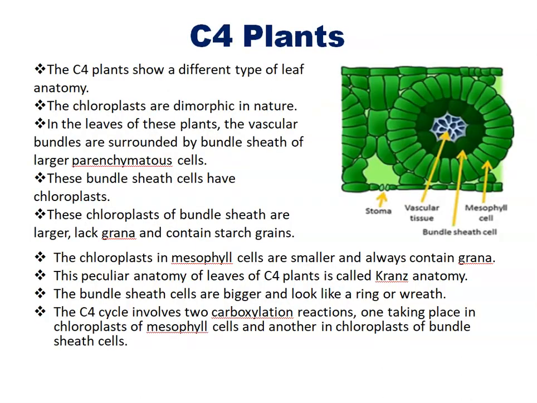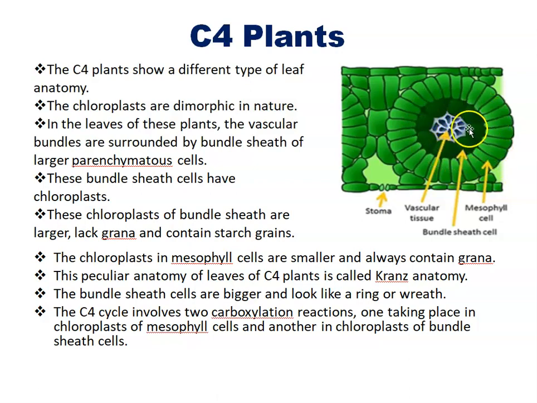C4 plants. First, C4 plants show a different type of leaf anatomy called Kranz anatomy. Here the chloroplasts are dimorphic in nature, meaning two types of chloroplasts are present in the leaves of C4 plants. Here, you can see in this diagram, vascular bundles are surrounded by bundle sheath cells.